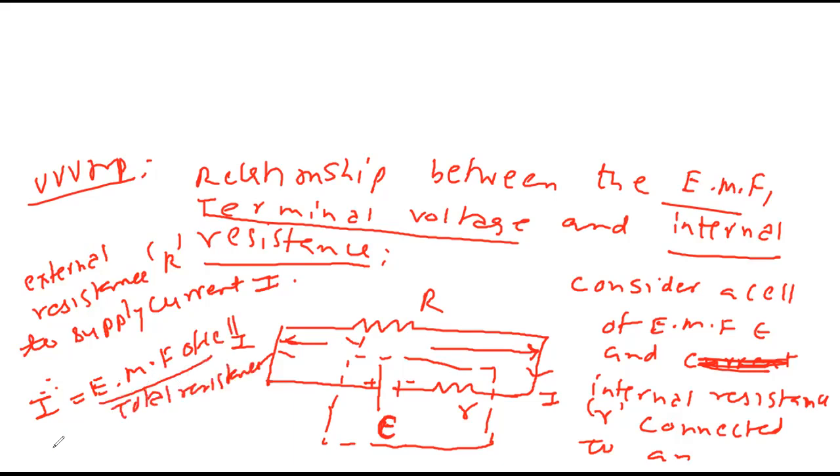So I equals epsilon upon R plus r. Just draw the diagram and write till this. Total current is total voltage, which is E, upon total resistance, capital R plus small r.